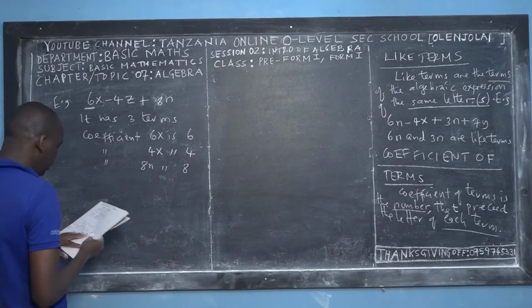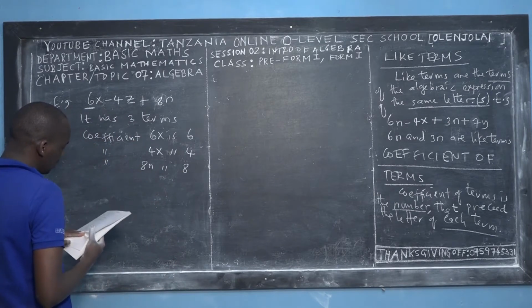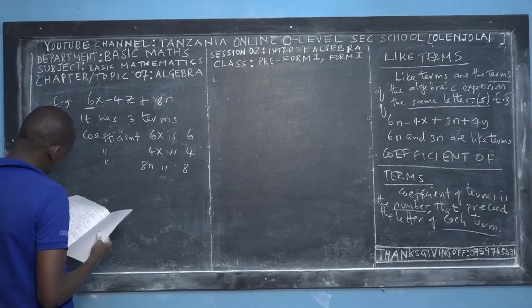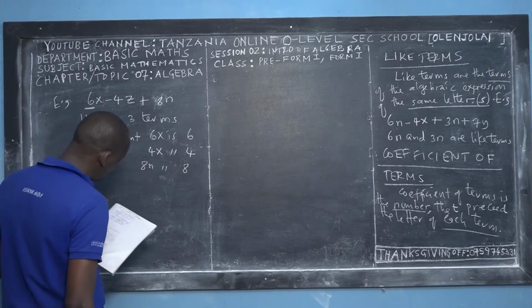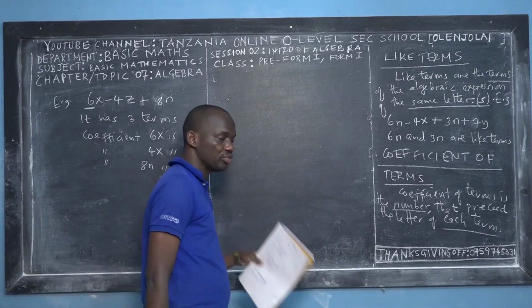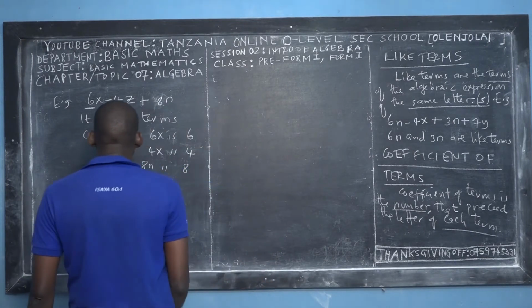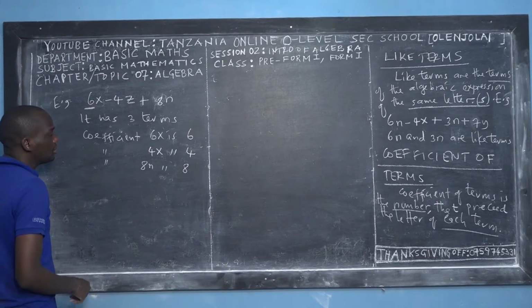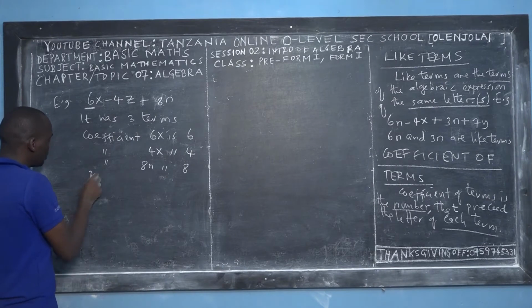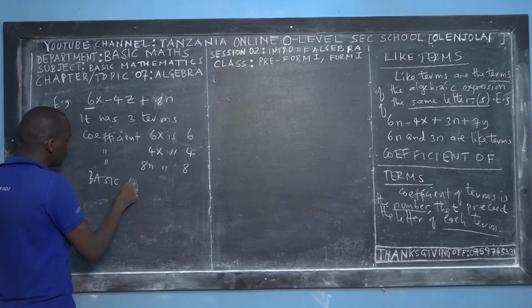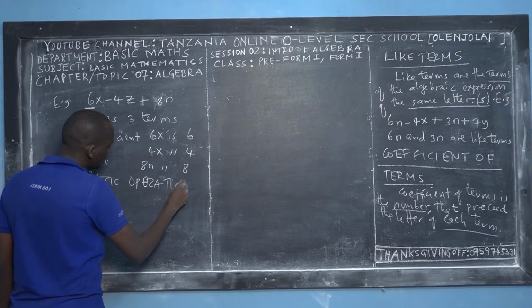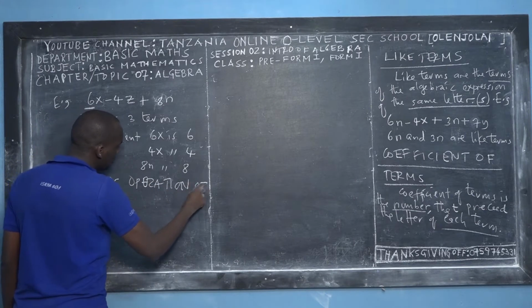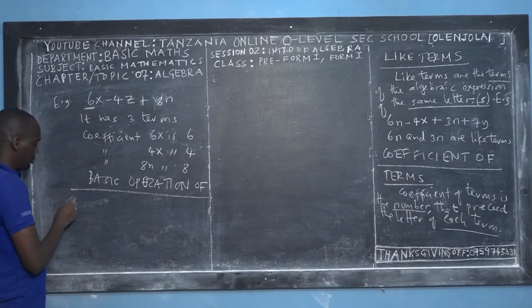I'm going to spend a few minutes on these basic operations of algebra, specifically focusing on addition and subtraction of algebraic expressions, right? Now we know the meaning of basic operation of algebra.